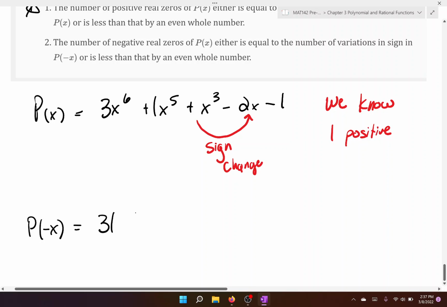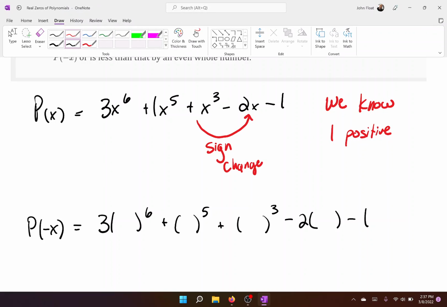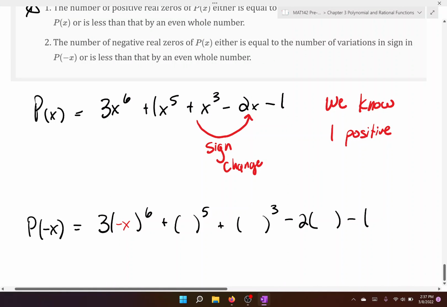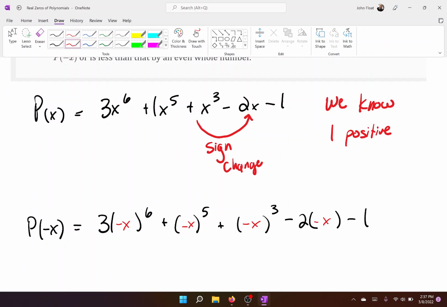So let's go ahead. We're going to put parentheses first. Then I'm going to make my substitution. So I'm just going to change my marker real quick. So substitute a negative x for each one of these. And then we're going to go ahead and simplify.